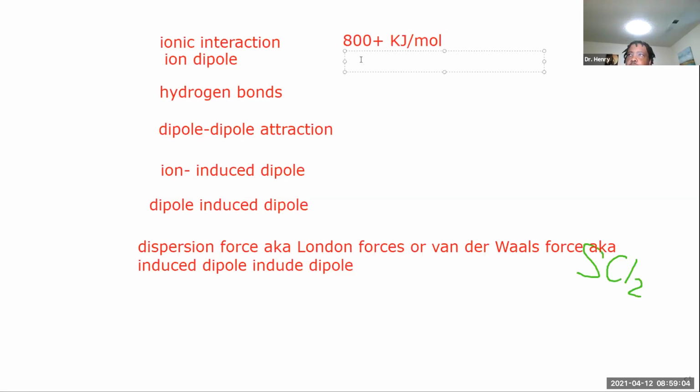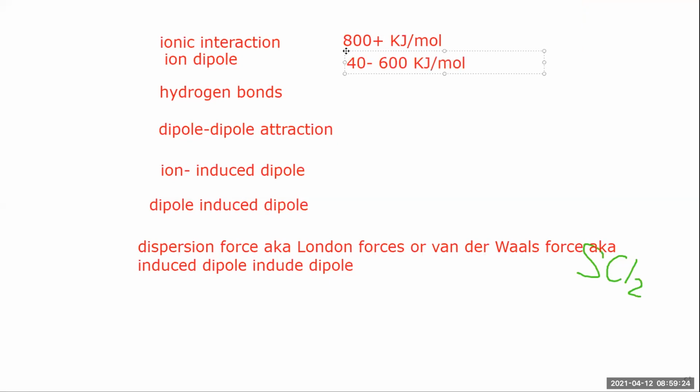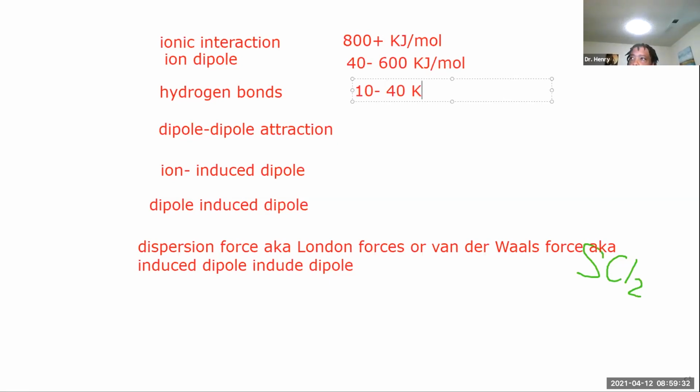This guy's going to be from 40 to 600 kJ per mole. This guy is going to be about 10 to 40. This guy is going to be about 5 to 25.